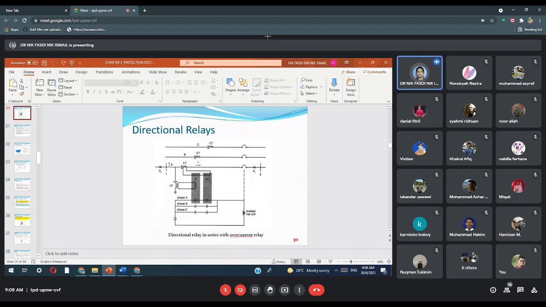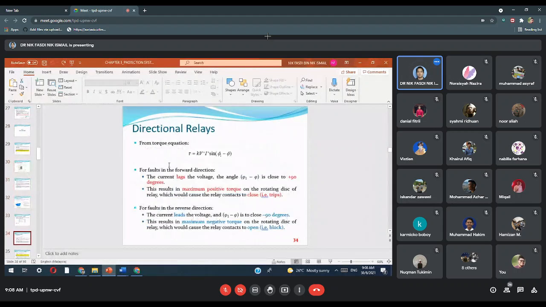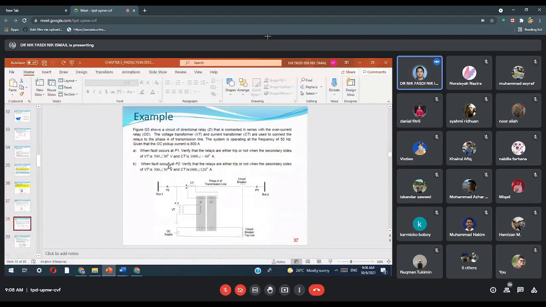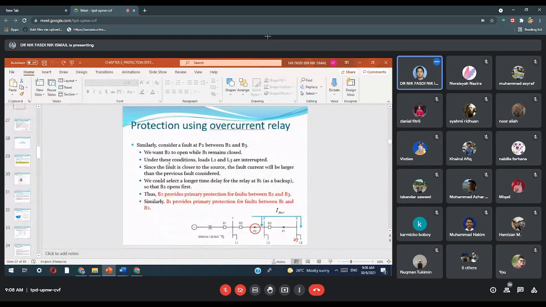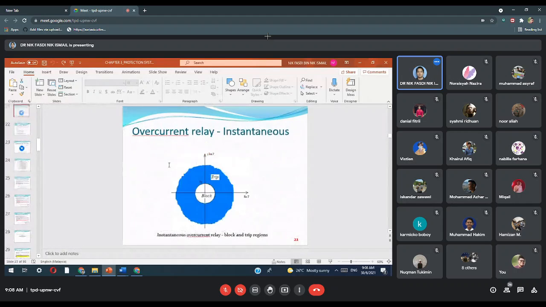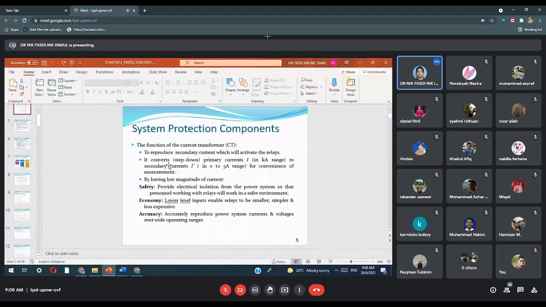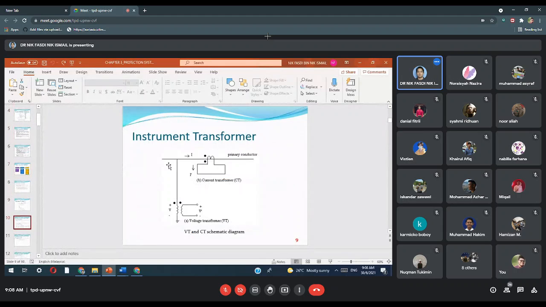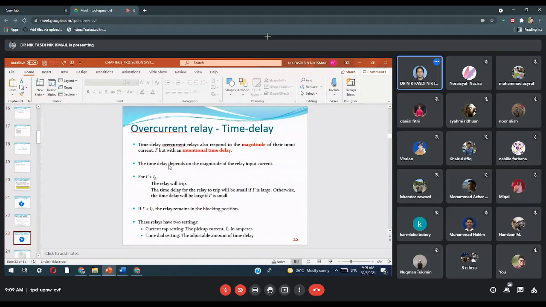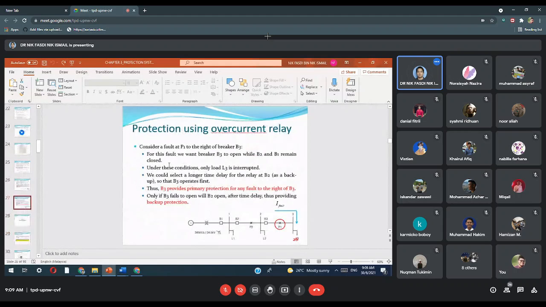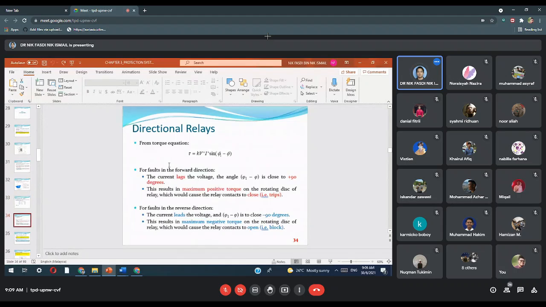Kenapa torque sebenarnya? If it is not here, it does not show. Kita tengok ada ke mana ni. Ada ya? Ada satu slide yang dia tunjukkan phase of directional relay.